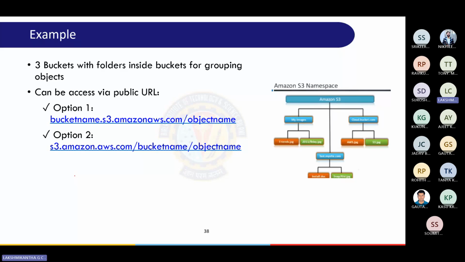Let me write here. File cabinet. So this is your S3 account. Correct? And the large drawers are your buckets. See, large drawers are your buckets here.